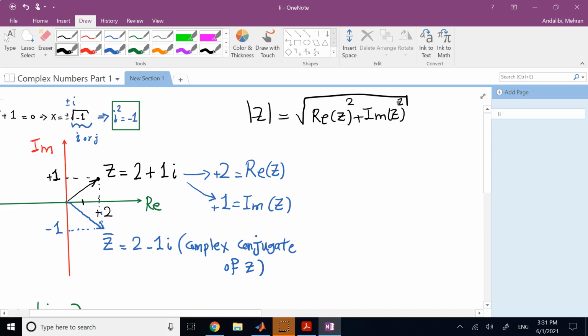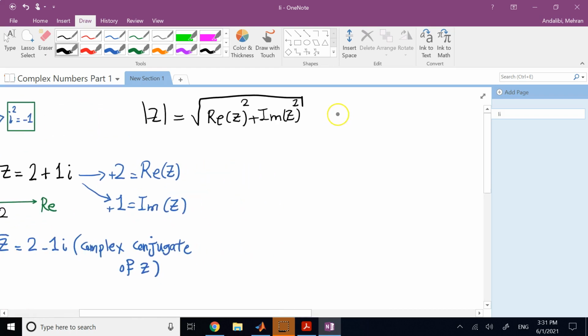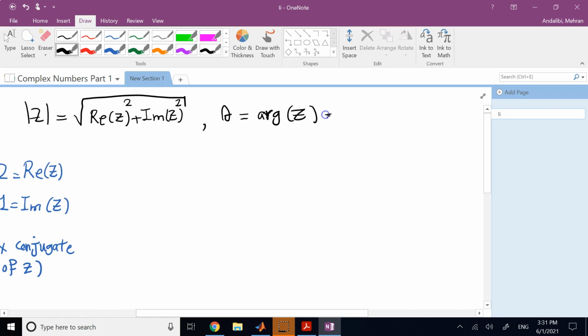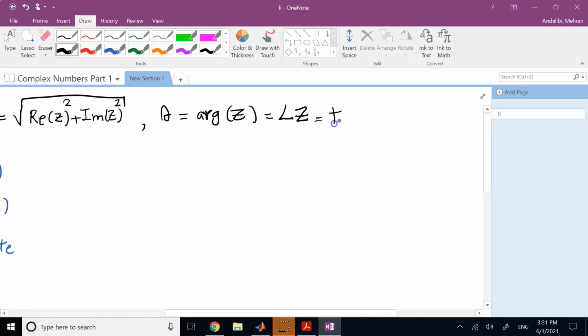This is called the magnitude or absolute value. And then the angle here, if we call this angle theta, which is measured from the real axis in a counterclockwise manner, then this theta, which we also call the argument of z, or some textbooks show it with something like this, the angle of z, is clearly tangent inverse of the imaginary part of z over the real part of z.